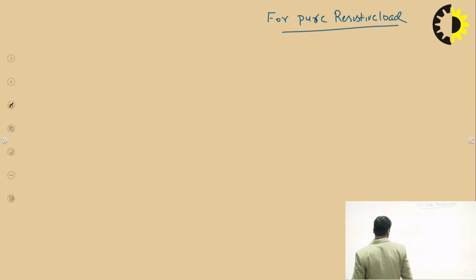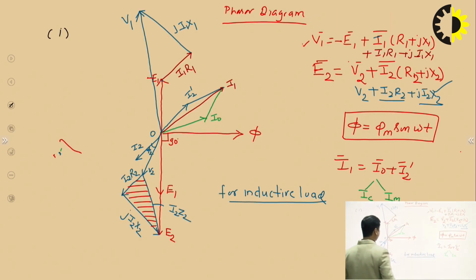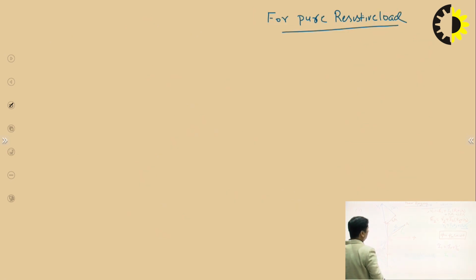For a pure resistive load, we know that the voltage and current will be in the same phase. So from here, if this is the phasor for the inductive load, let us draw it for the pure resistive load.